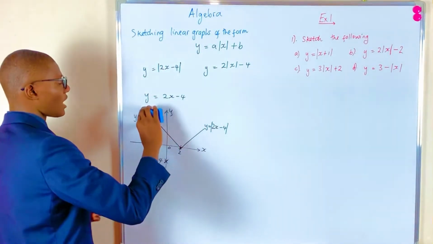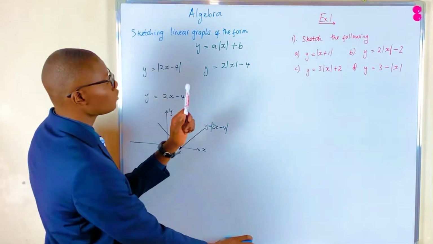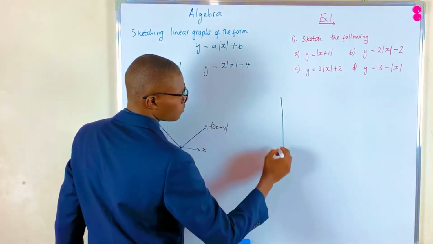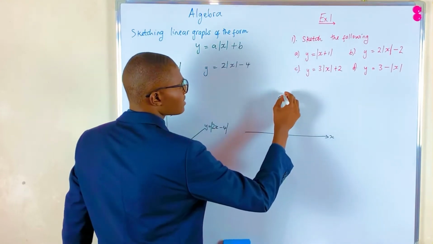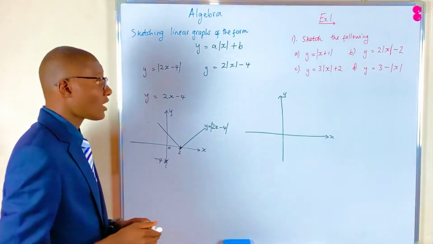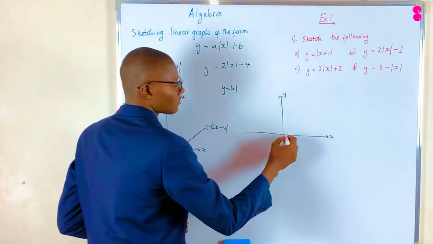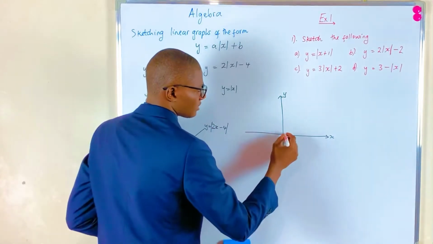Now let's look at how we would sketch the graph of y is equal to 2 modulus of x minus 4. To do this in steps, this is the x and this is the y. We shall come up with the graph of y is equal to the modulus of x first. It will be like this.